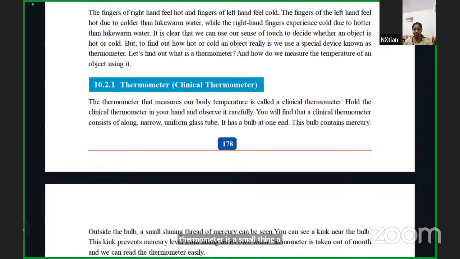Two types of it are there: clinical thermometer and laboratory thermometer. The clinical thermometer measures our body temperature.